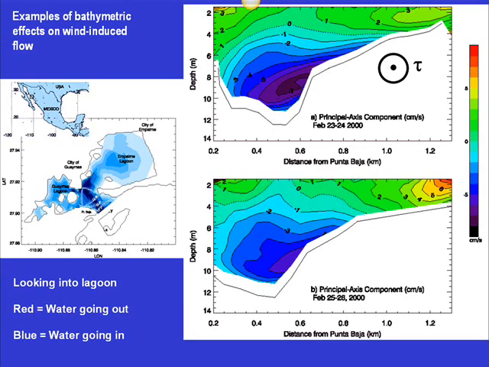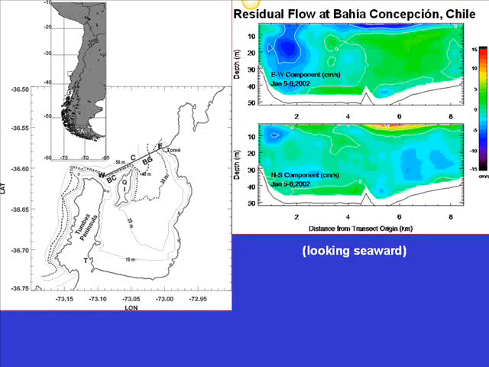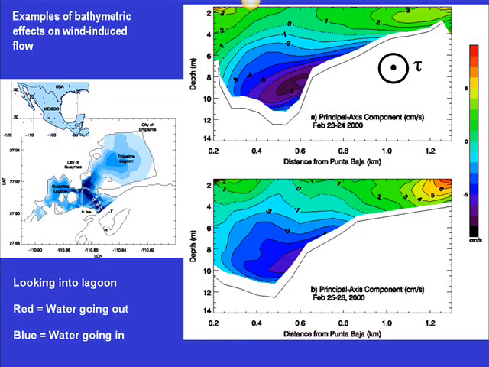So does that look like anything that you've seen from theoretical results? More or less, right? I'm going to show you a little later, after I show you the next example, I'll compare it to the theory of the non-dimensional solution that I showed you before. Now let me show you another example. This example, the one in Guaymas Bay, illustrates both lateral variations and vertical variations in the exchange flow.